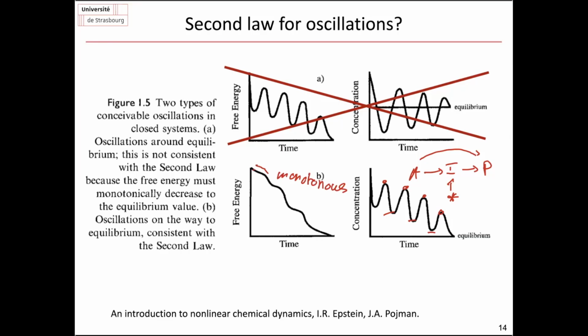You see that this is always going down, and it's never, like in this situation, going up. So that violates the second law of thermodynamics. This is okay with the second law. So that's actually what's happening in this chemical oscillator. If you want to read more, this is an extremely good textbook that I highly recommend if you want to learn more about this field.